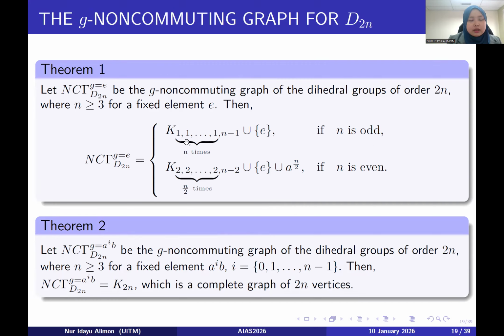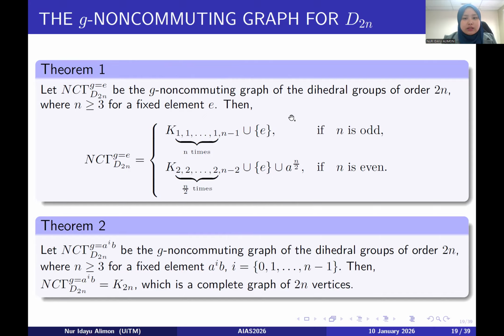So as you can see in this slide, what is the difference between the non-commuting graph and the g-non-commuting graph? If you construct the non-commuting graph for the dihedral groups, you only get this part, so it does not have the isolated vertex. But for the g-non-commuting graph, there is an isolated vertex here, which is e. This one is e and a^(n/2).